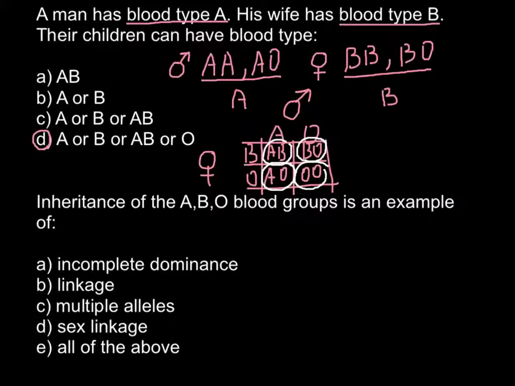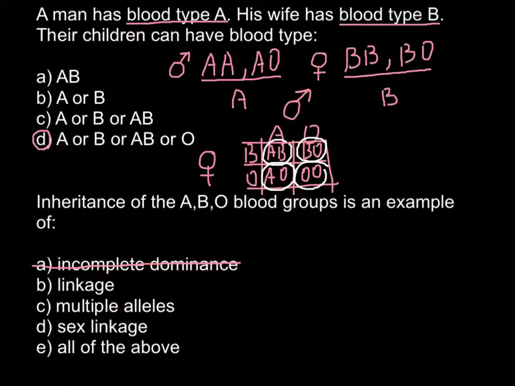So this is an example of incomplete dominance, and this is not what we have with the ABO blood group system. As I already told, this is an example of codominance, but not incomplete dominance. This is different, so we have to cross out this answer.